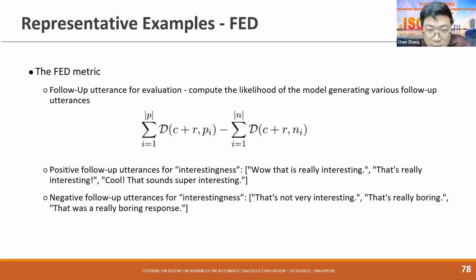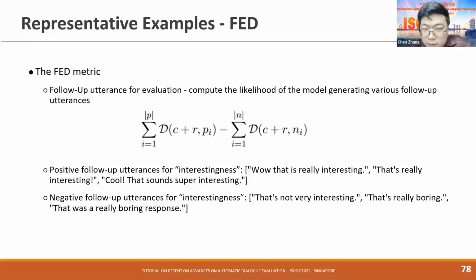For each dimension, such as interesting, they collect a list of positive and negative follow-ups. For example, I say something and want to tell whether it is interesting, so I check whether the other party reacts like, wow, that's very interesting, or says something like, that's not very interesting. So we want to see the probability of generating such follow-up utterances conditioned on the previous context and what I said just now. So it's kind of intuitive.